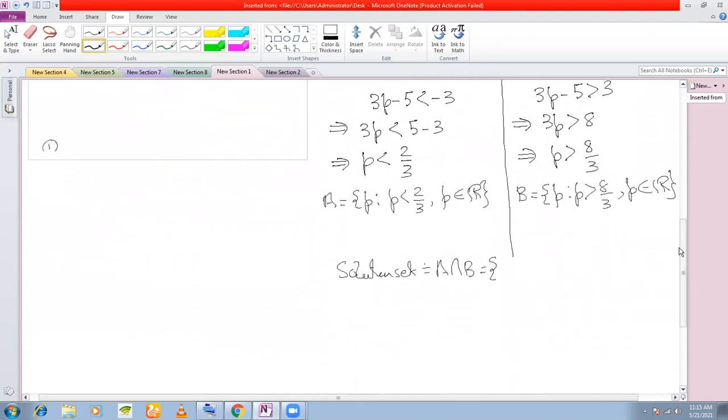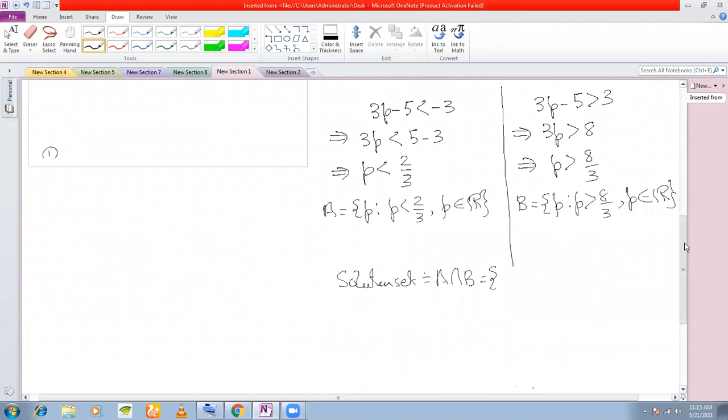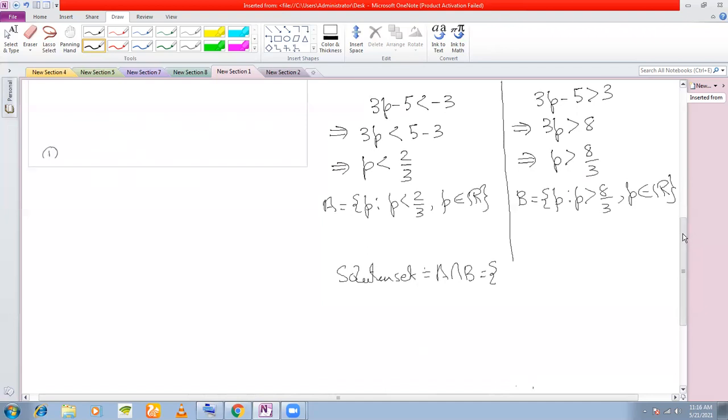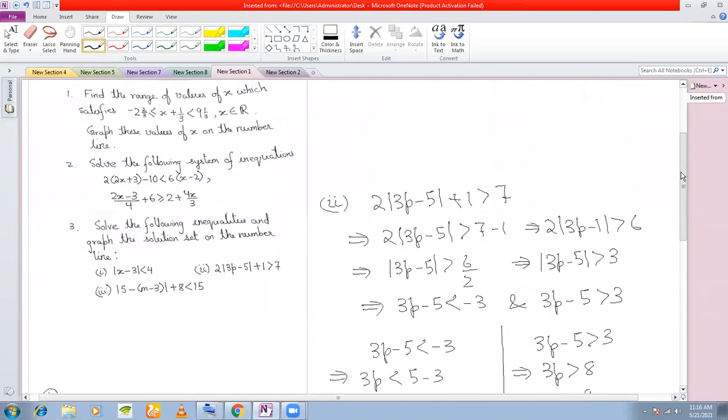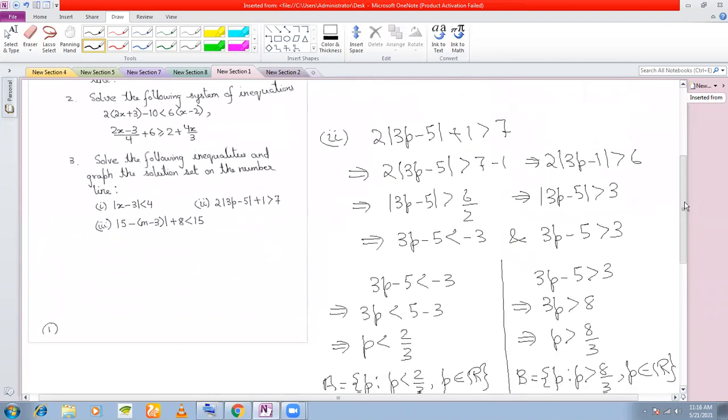So p is less than 2 by 3 and p is greater than 8 by 3. That means if both inequalities cannot be satisfied together, this must be a null set. Okay, solution set is a null set. Moving on to the next one.